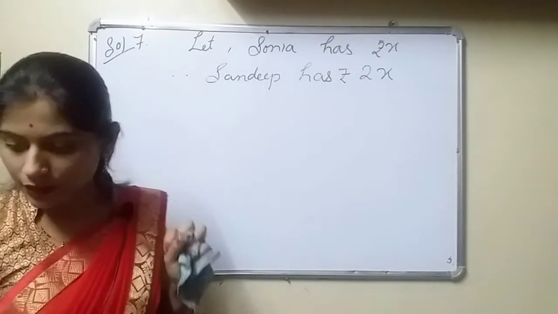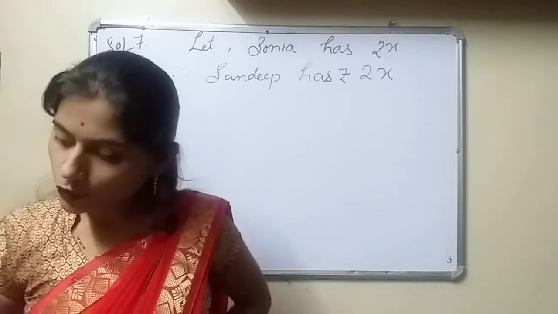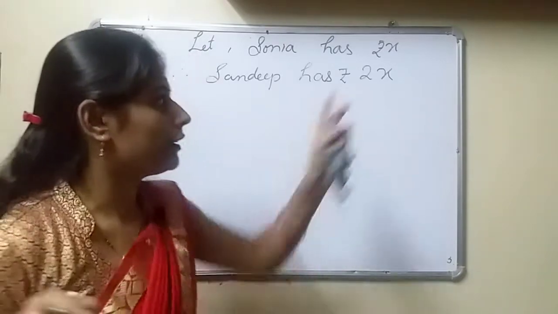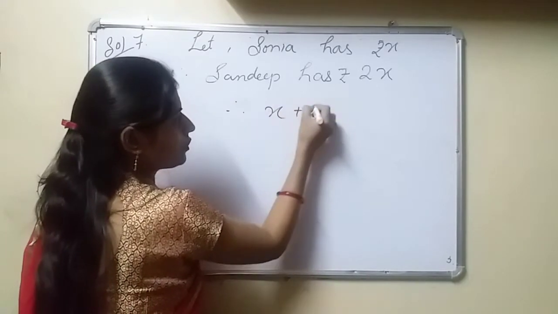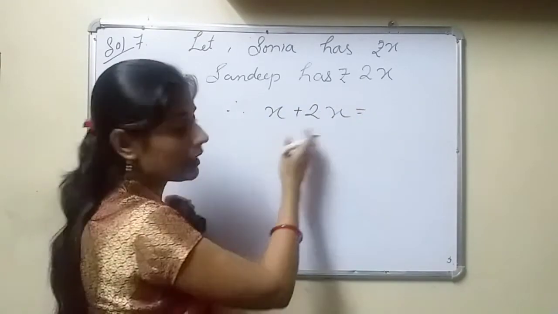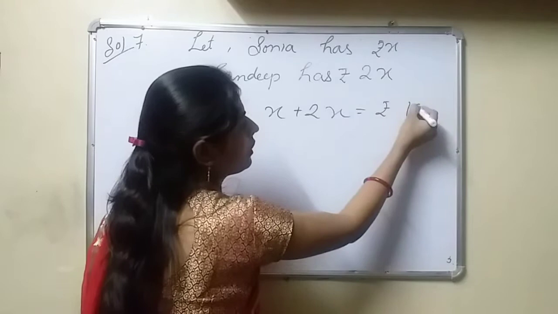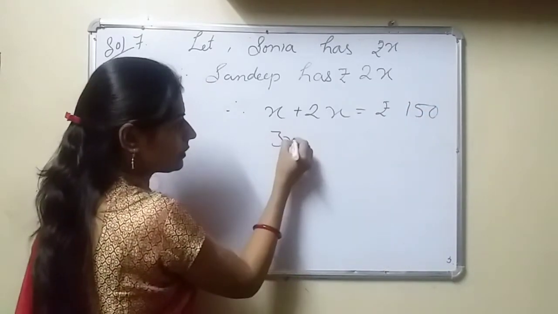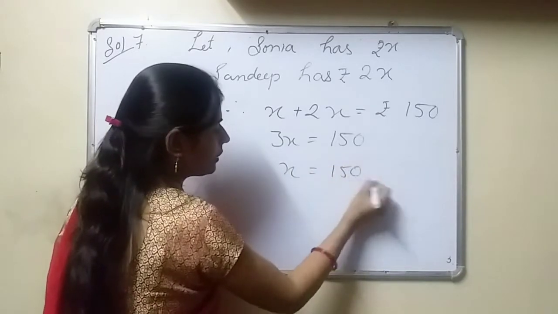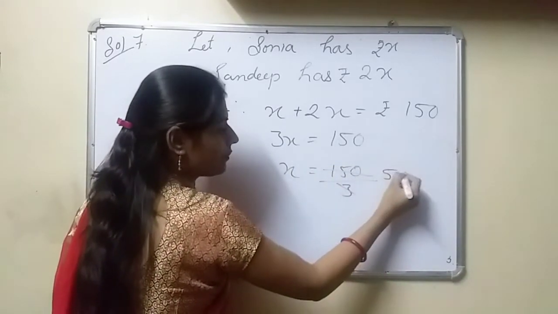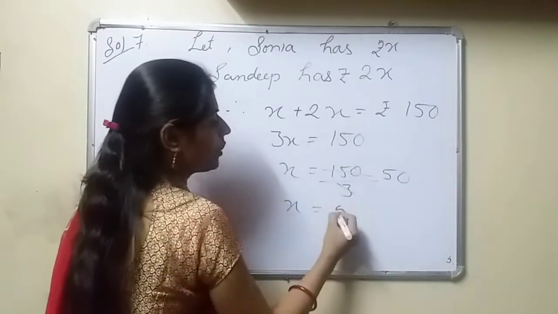Now see, together they have rupees 150. Together means x plus 2x is equal to rupees 150. Now see, 3x is equal to 150. x is equal to 150 divided by 3. 3 5s are 15, 0. x is equal to 50.